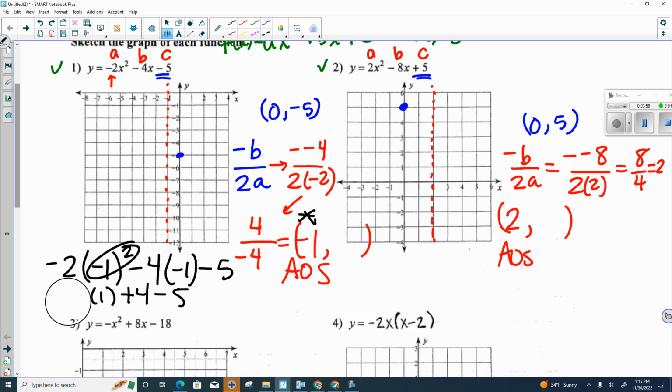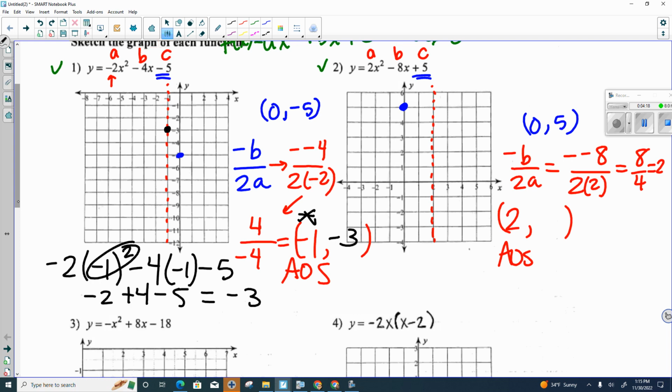So I'm going to erase this and fix that. So in my mind, I'm thinking a negative 2 and a negative 5 is negative 7. And then plus the 4 is a negative 3. So I'm putting that here. Negative 1, negative 3. That's my vertex.